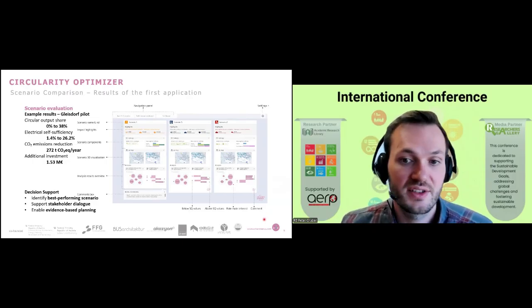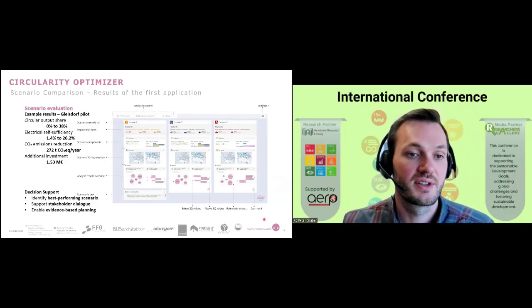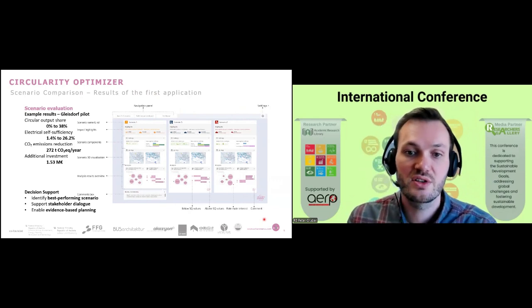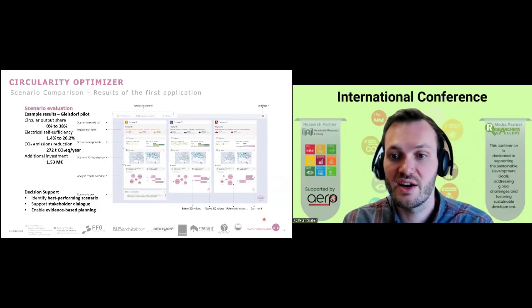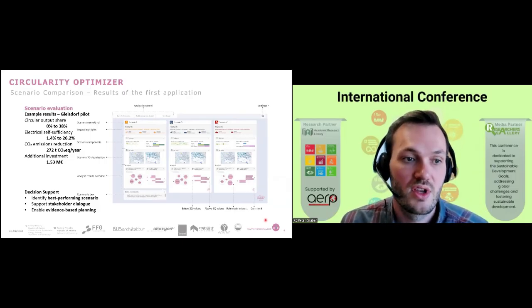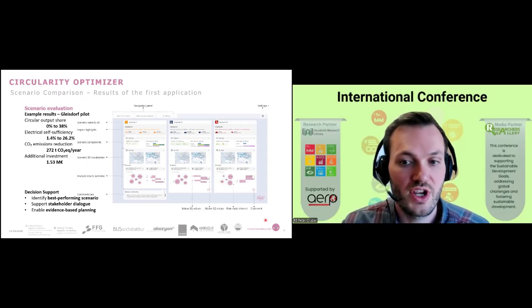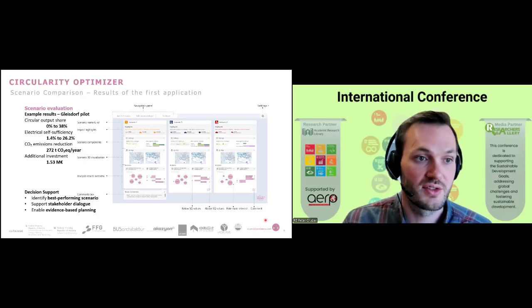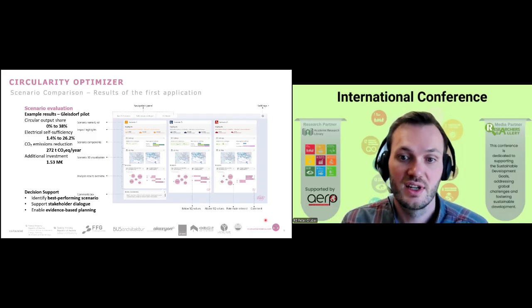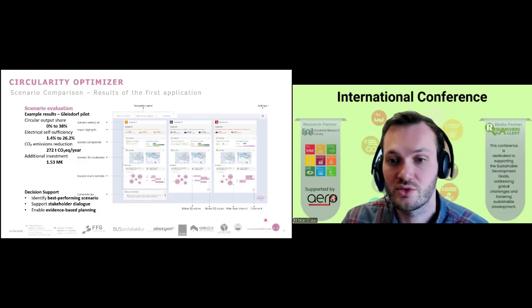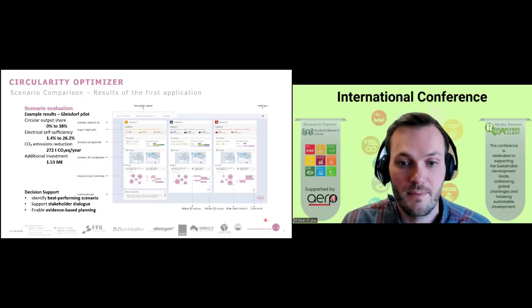In the Gleisdorf pilot case, there was the base scenario and one more advanced technological scenario. The technological scenario shows significant improvement compared to the status quo. The circular output share increases from 0% to nearly 38%, while the electrical self-sufficiency rises from about 1.4% to 26.2%.